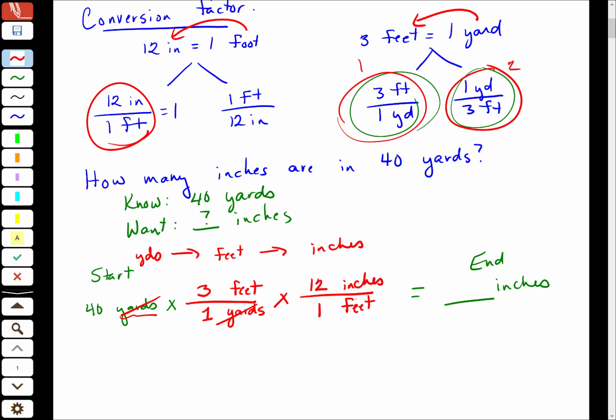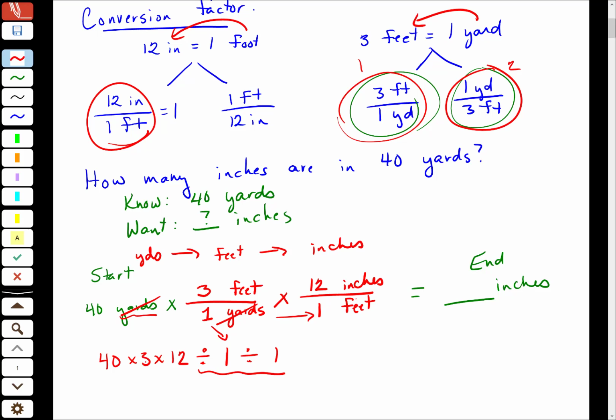And then I do this problem. This problem on my calculator looks like 40 times 3 times 12 across the numerator. In the denominator, I'm going to divide by 1. That's this one, right? And here I'm going to divide by 1 again. That's this one. Usually people will leave this out because dividing by 1 doesn't do anything, but I put it in to make sure you know sometimes there are numbers in the bottom and then you have to divide by them.